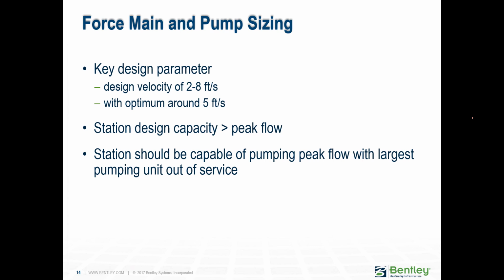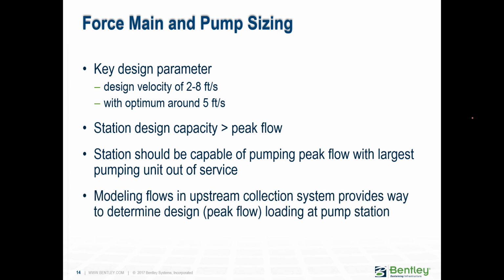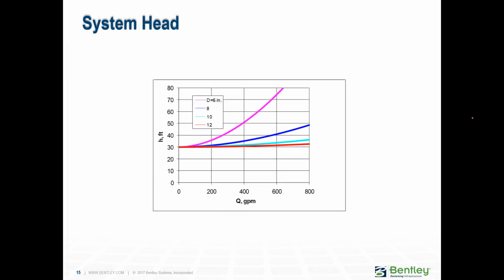The idea is that the station should be capable of pumping the peak flow with the largest pumping unit out of service. That is, if you have one or several pumps. And that peak flow, if we've already modeled all the upstream gravity collection system, we can already have a pretty good idea of what that peak flow is going to be arriving at the pump station.